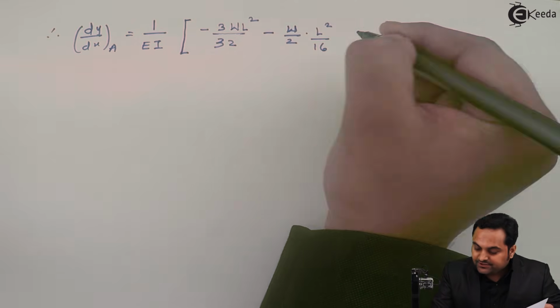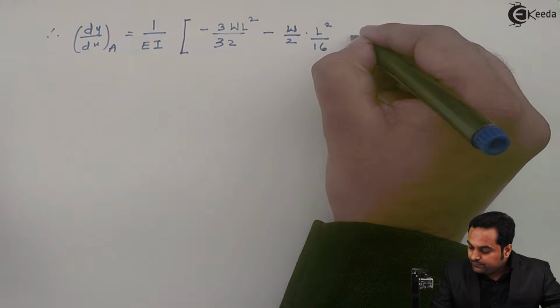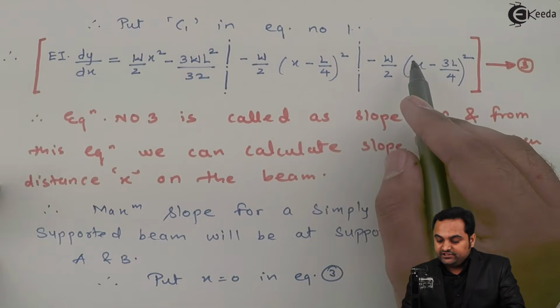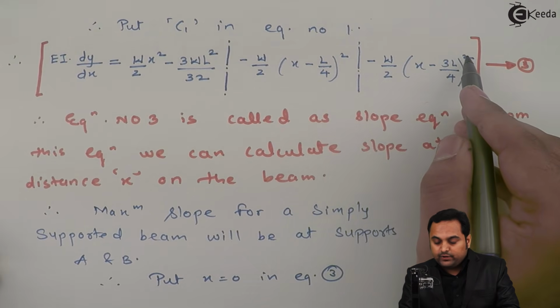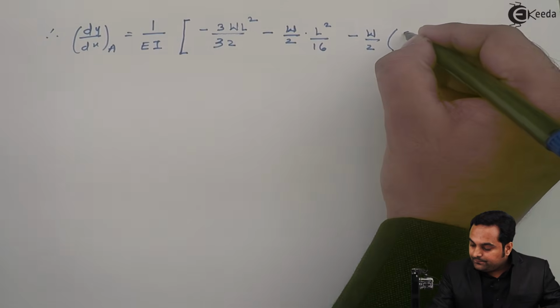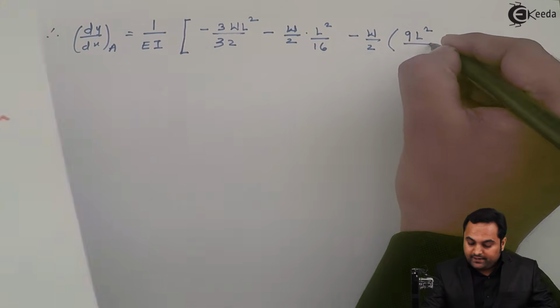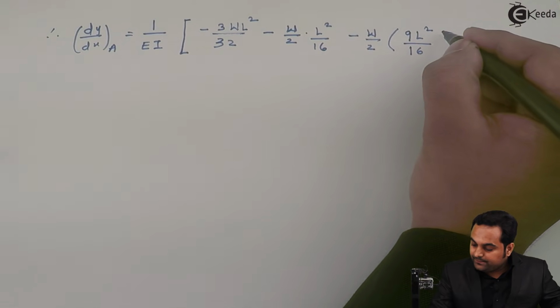Then here we have minus W by 2. X, if it is 0, here we have minus 3L, so 3 square, that becomes 9 L square by 4 square, that is 16.